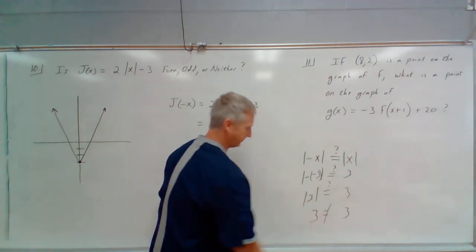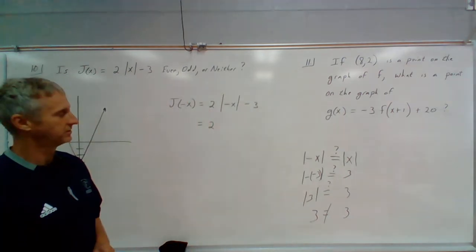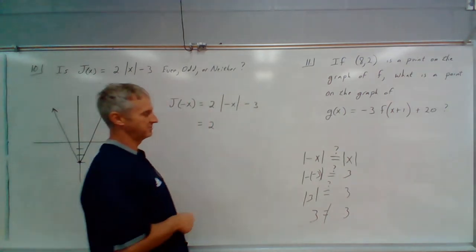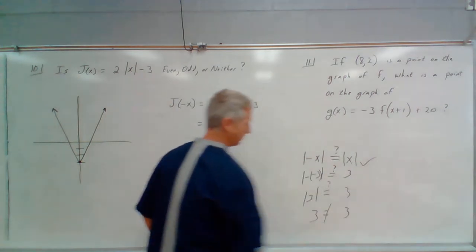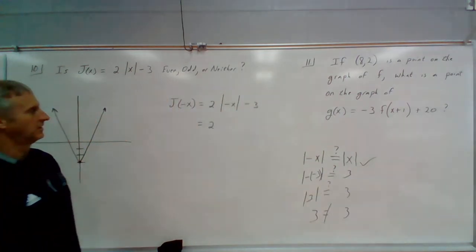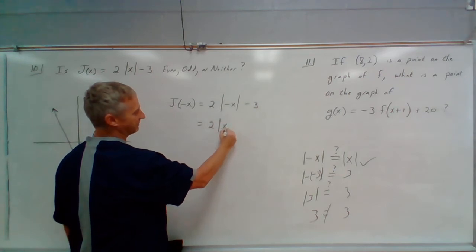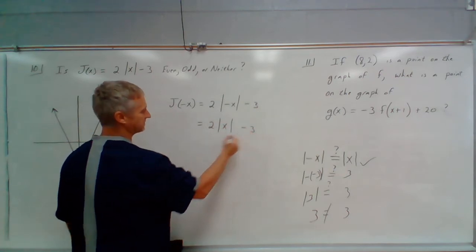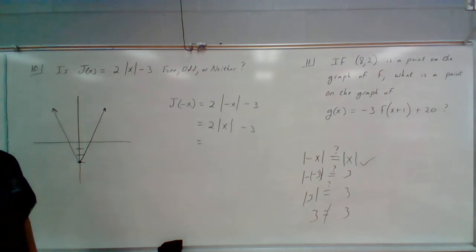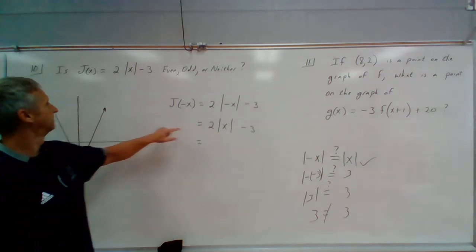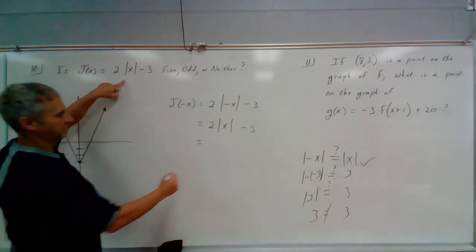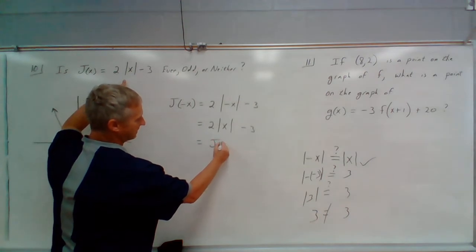And you would see then that it would be true. So that is a true statement. So the absolute value of negative x is the same thing as the absolute value of x. That's 3. Notice that this was just the original function. So that's equal to j of x.